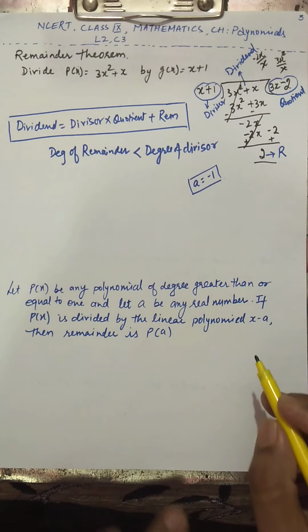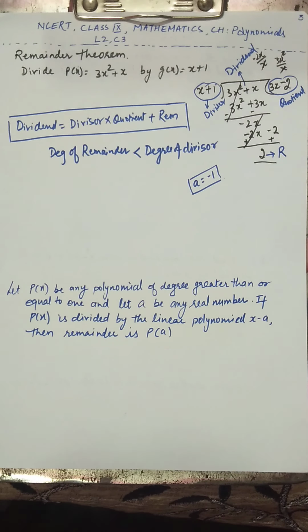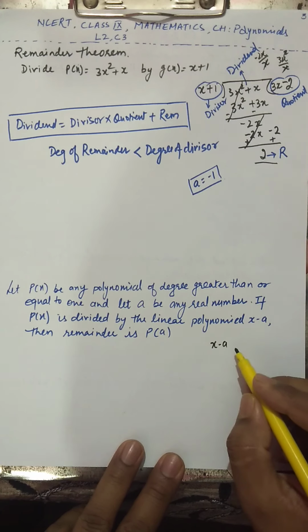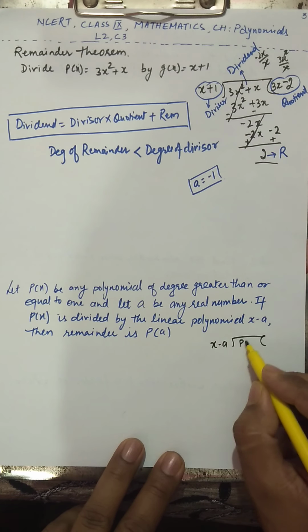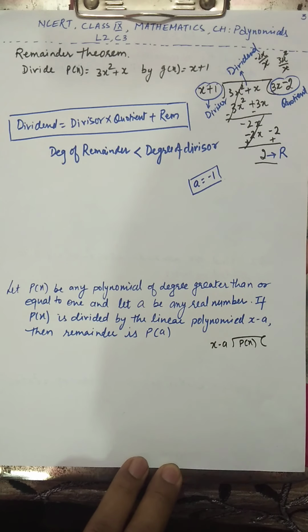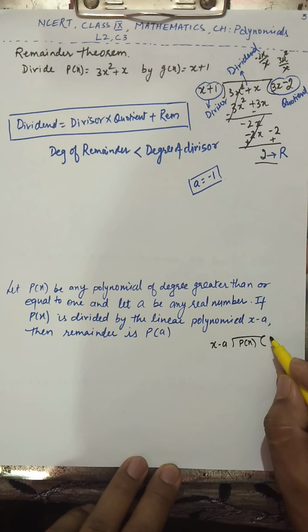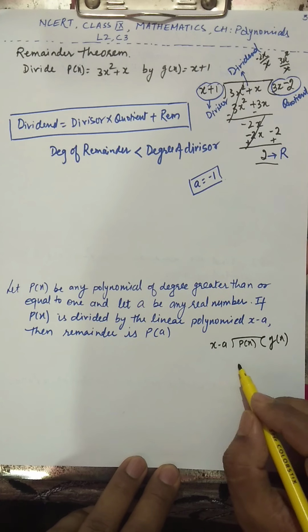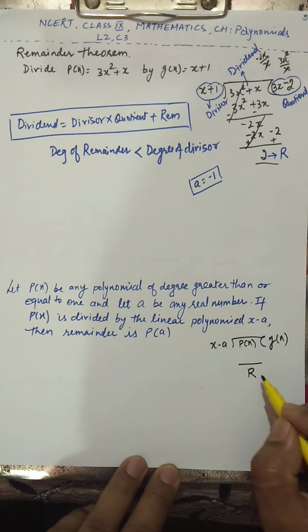Remainder is p(a). It means, I am taking you again through this example: this is x minus a as a divisor and this is p(x) as the dividend. Some quotient will come, let's say this is g(x), and of course when you do the calculation there will be a remainder also.